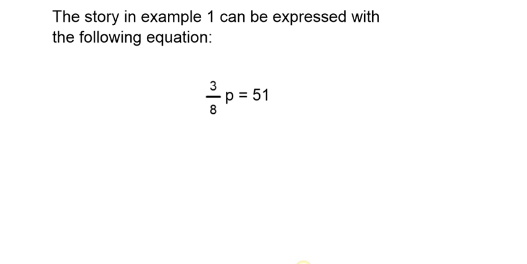So we talk about an expression or an equation that allows us to understand the methodology we used. In the end, we come away with this equation: 3/8 times P, standing for the pages, equals 51. So 3/8 of the total pages equals 51.